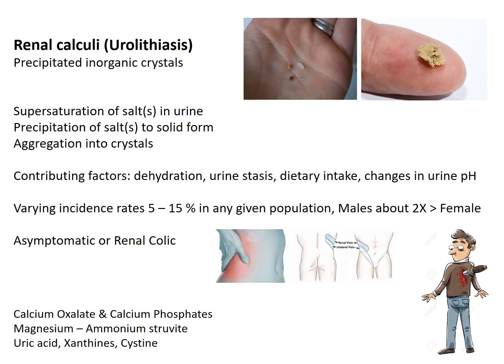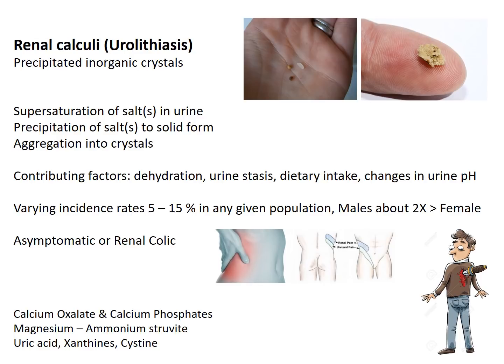So what can lead to stones? Dehydration, stasis of urine, dietary intake, particularly if you're taking in a large amount of whatever is precipitating. So as an example, a common type of kidney stone is an oxalate stone. So an individual who has a really high amount of oxalate in their diet, that oxalate can start to precipitate in concentrated urine and form these stones.